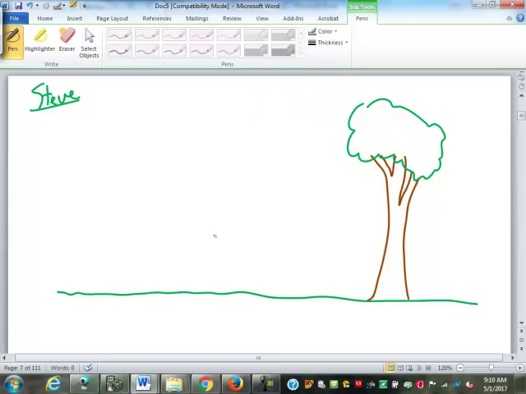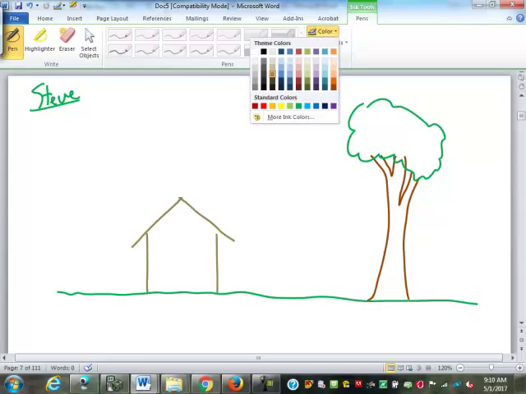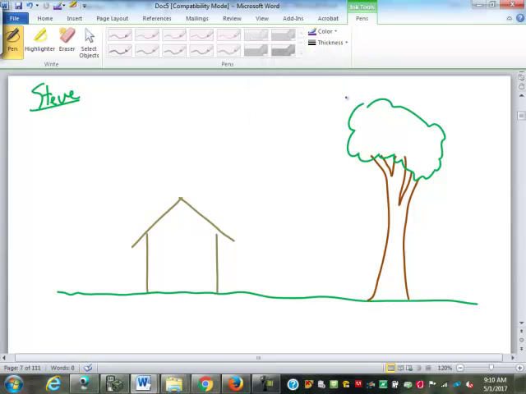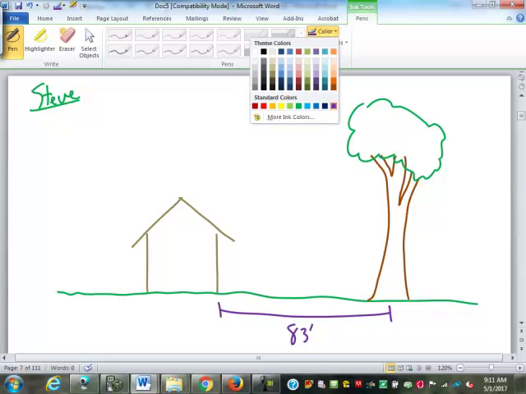Problem is, his house is there. And his house is only 83 feet from the bottom of the tree. Steve needs to know if he cuts that tree down, can it reach the house and cause damage?